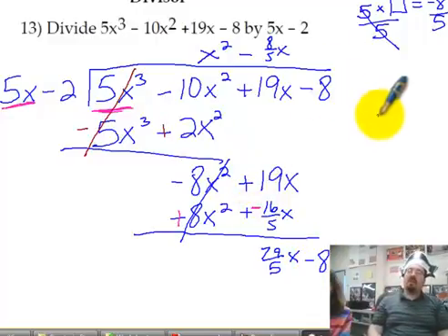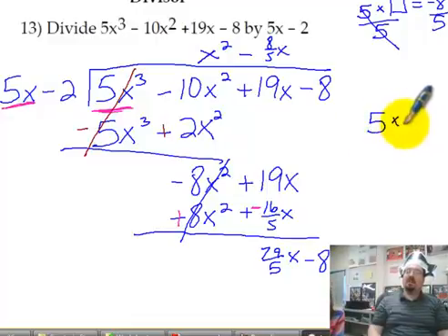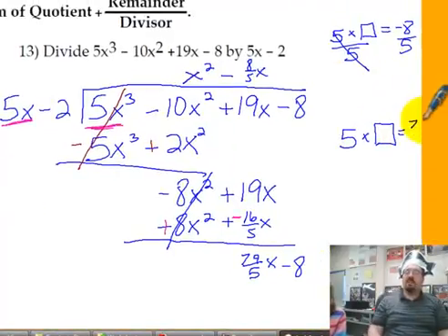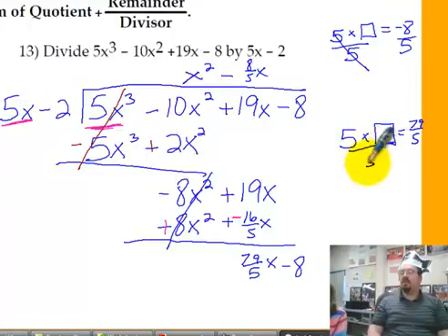Now I have to multiply 5 by something to get 79 over 5. I'm going to treat it like an equation, so I divide both sides by 5.